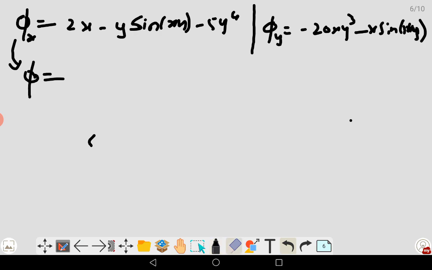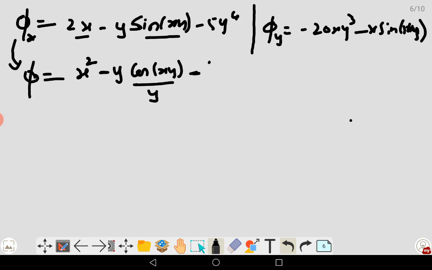When you integrate, what do you get? Integrate this term, 2x squared over 2, it will be x squared. Integrate this term with respect to x: minus y sin xy gives cosine xy, and the coefficient of x is y, so y in the denominator. Minus integrate this one with respect to x, 5y raised to 4 times x. And when you integrate with respect to x, the constant term should be a function of y. We call it g of y, isn't it?